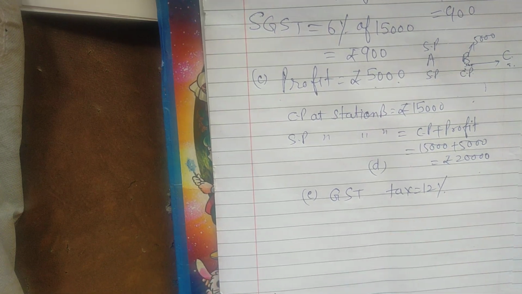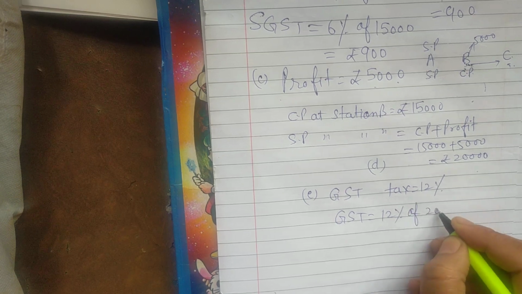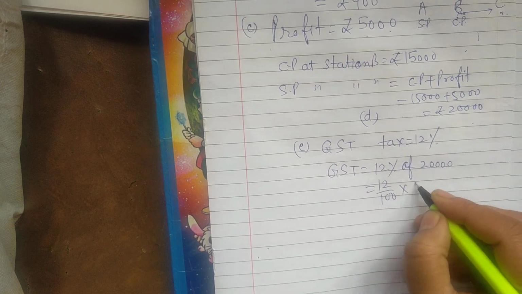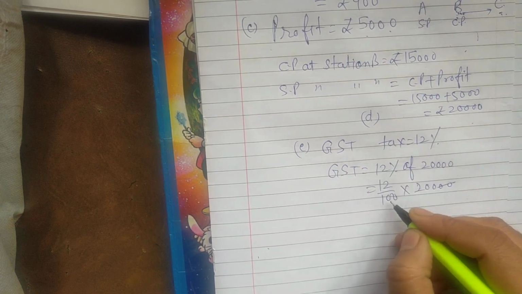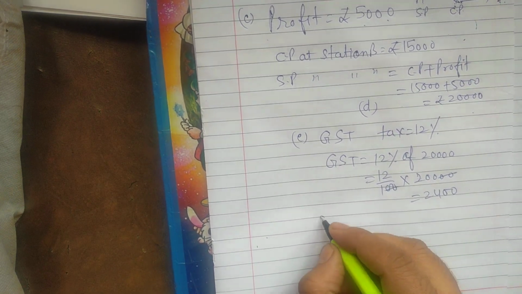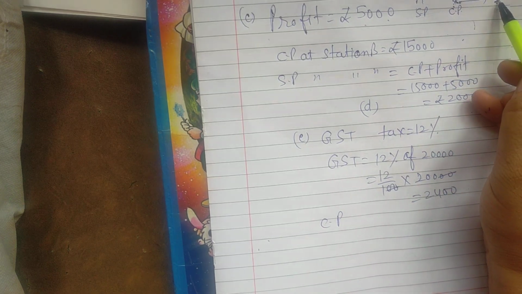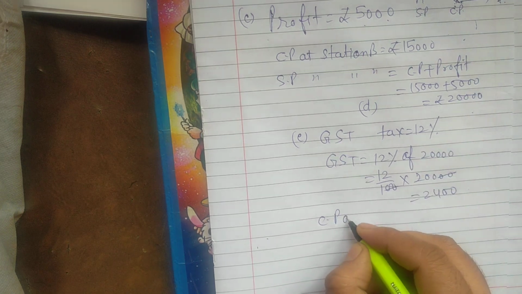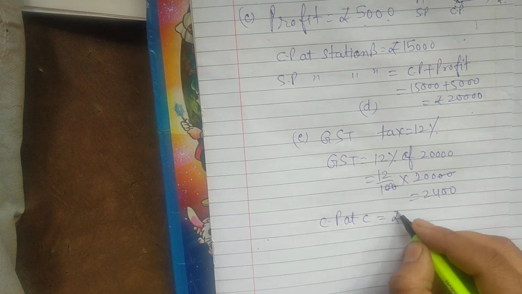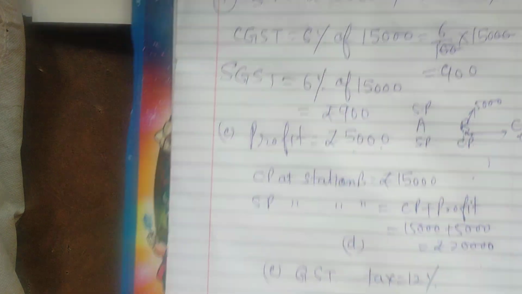So GST 12% of 20,000, 12 upon 100 multiply by 20,000. So it is 2,400. Now the selling price of B will be the cost price for C. So cost price at station C is equal to rupees 20,000. I think now this is clear to you.